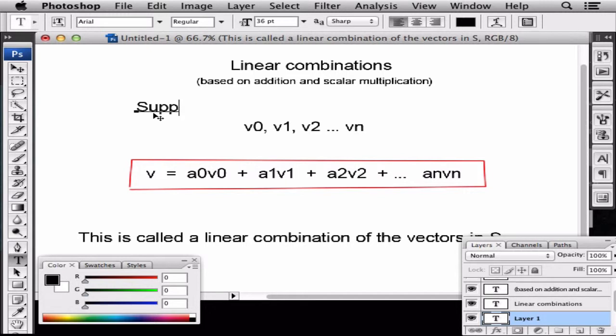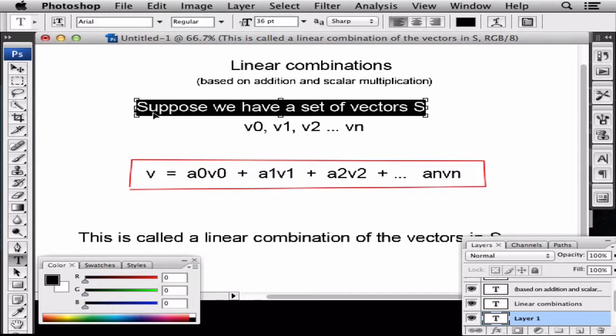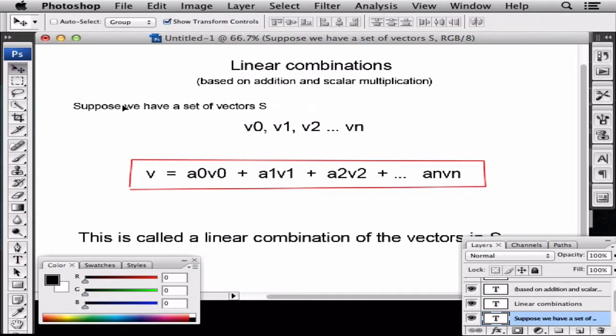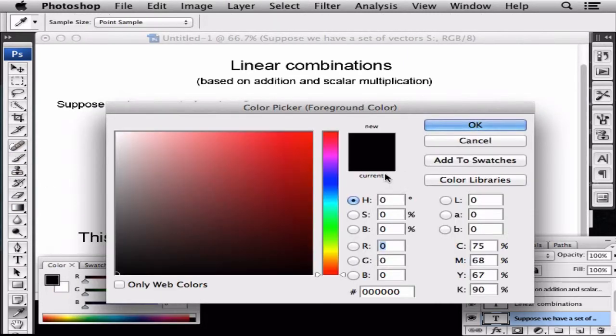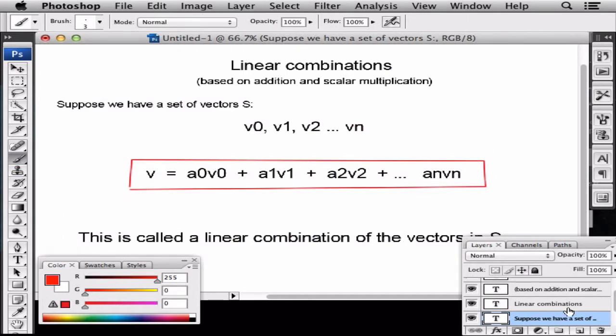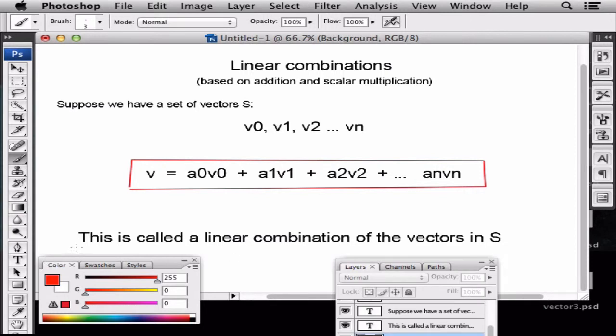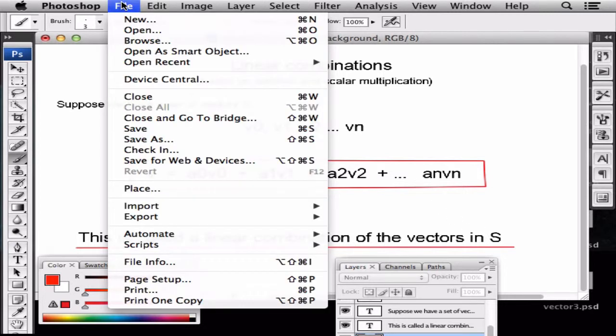Suppose we have a set of vectors S, with a colon to make that clear. Pretty simple. There's nodding, that's good.